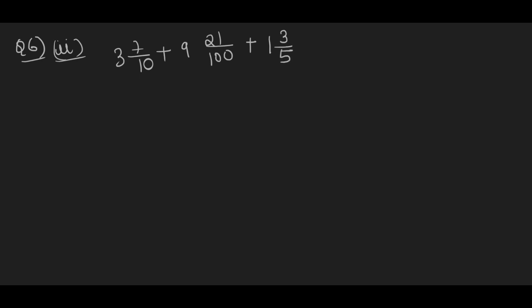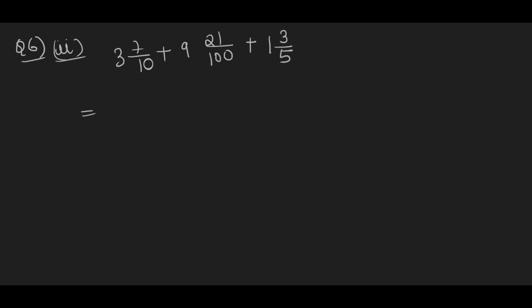The next question that we have is question 6, part 2. And the question says, simplify 3 7 upon 10 plus 9 21 upon 100 plus 1 3 by 5.